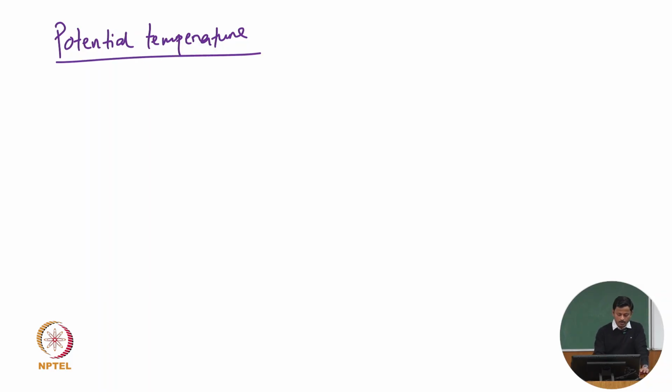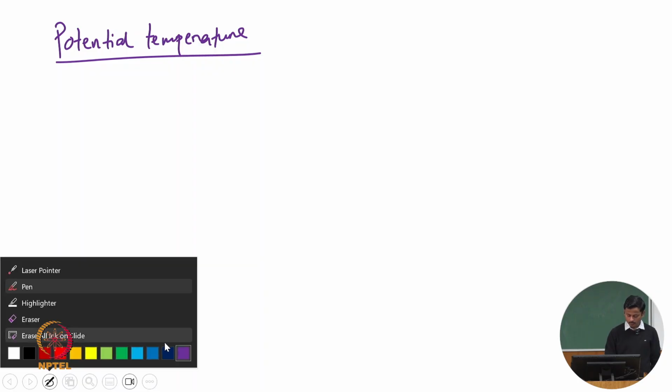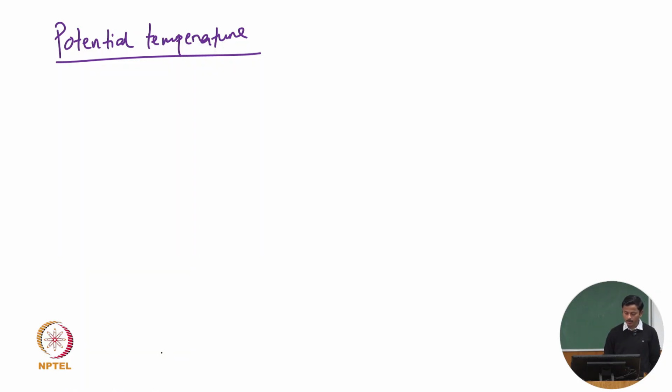So the potential temperature is the temperature attained by a parcel of fluid if it were to be brought adiabatically to a reference pressure. I'll write down the definition.